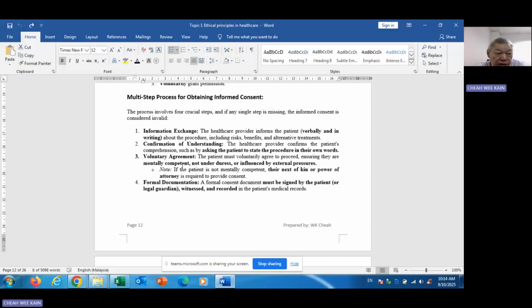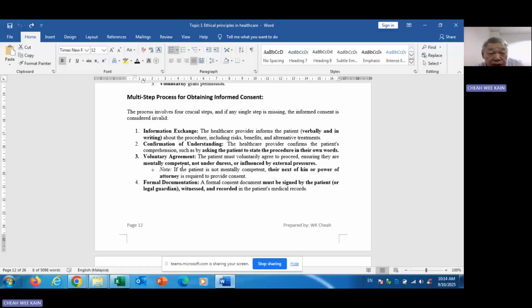What the hospital or the relevant doctors involved in such a court case have to show is that there was no negligence on their part.